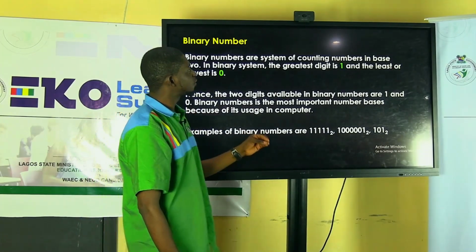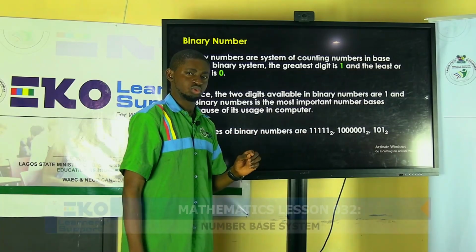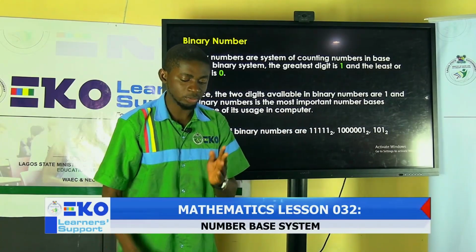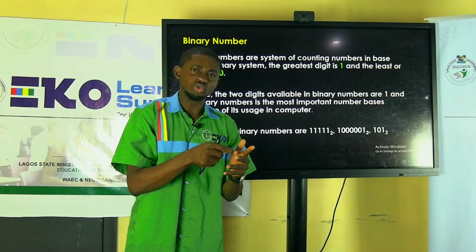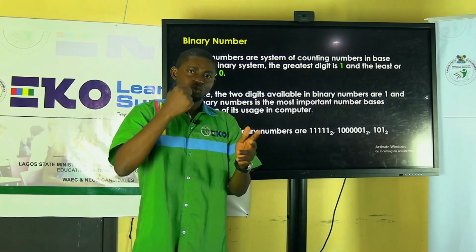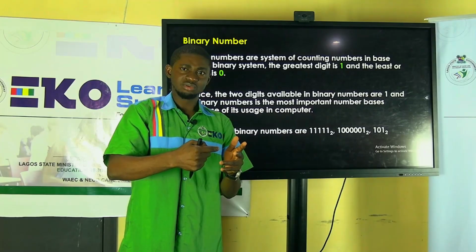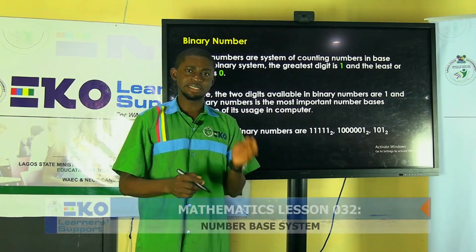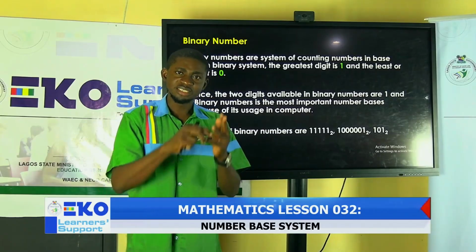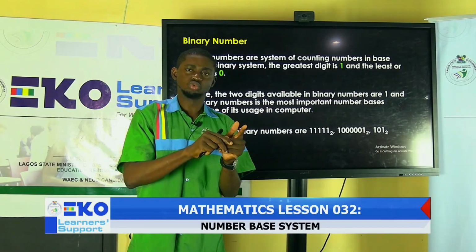Binary numbers are a system of counting numbers in base 2. When we are counting in base 2, we can only have 0 and 1. So instead of counting 2, you go back, and that becomes 1, 0. If you are dealing with base 3, your counting will be 0, 1, 2.